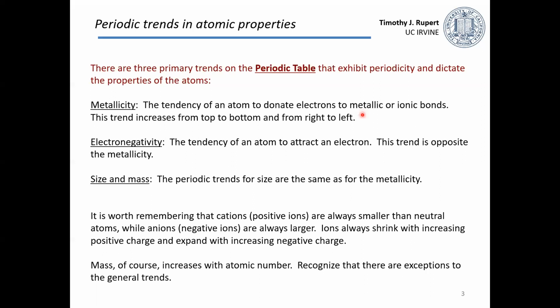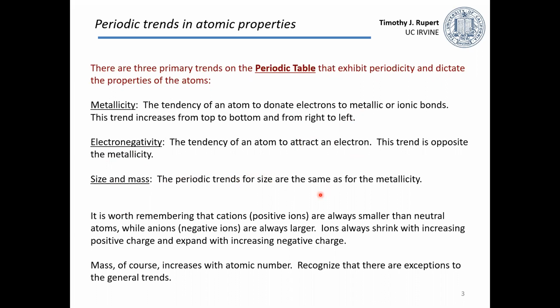Metallicity is when an atom wants to donate electrons; electronegativity is when an atom wants to attract an electron. There are also trends for size and mass. As we go from top to bottom and right to left, size and mass increase as well, so they follow the same trend as the metallicity.